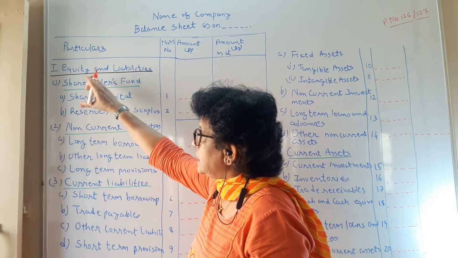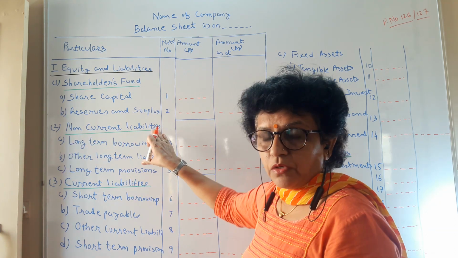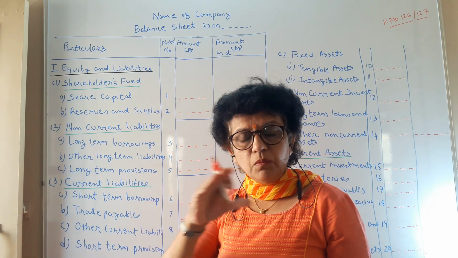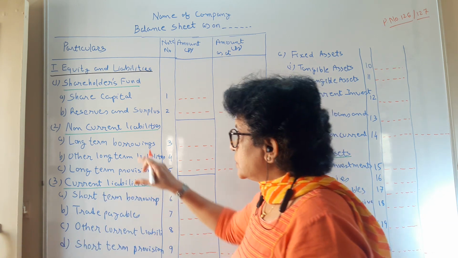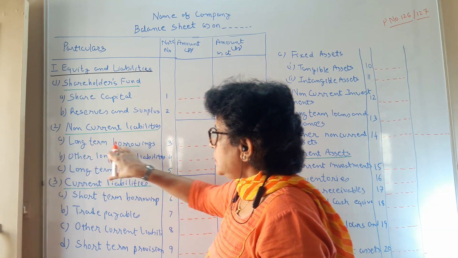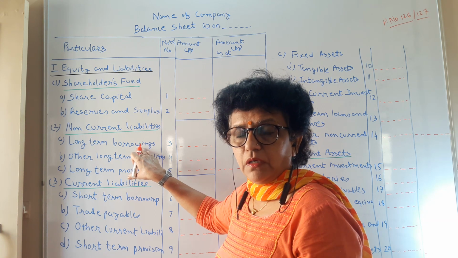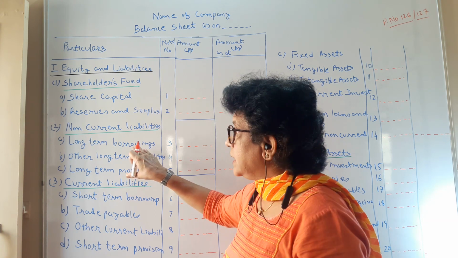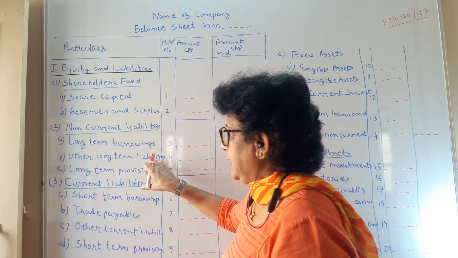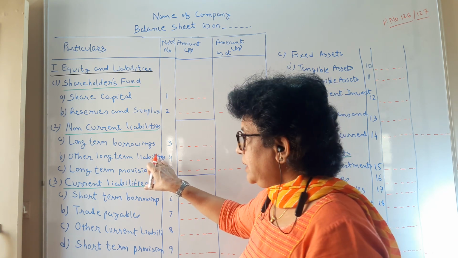The second category on the equity and liability side is the non-current liability. Non-current means long term. Non-current means which is related to more than 1 year duration. In that, the sub points are the long term borrowings, maybe in terms of debentures, maybe institutional loans, the borrowings you have taken. The other long term liabilities: whatever other long-term liability you have created, that is to be mentioned.